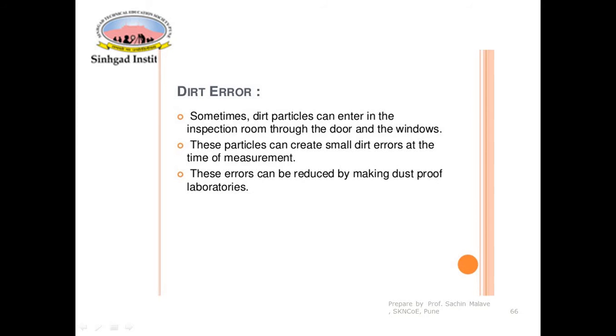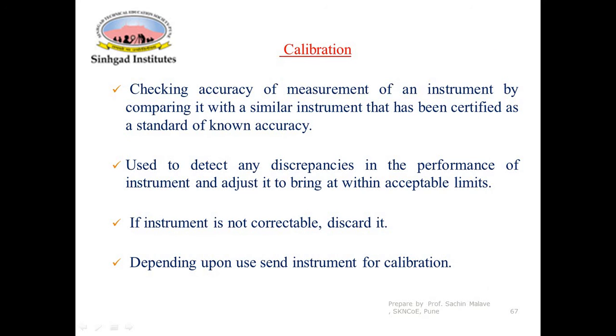The only way to avoid such errors is to make the laboratories dust proof laboratories. This is the only solution to remove this type of error. So these are some of the sources of errors. Separate questions are many times asked based on this.